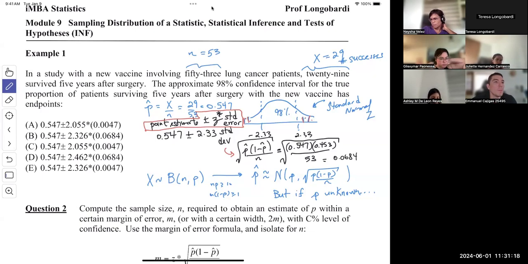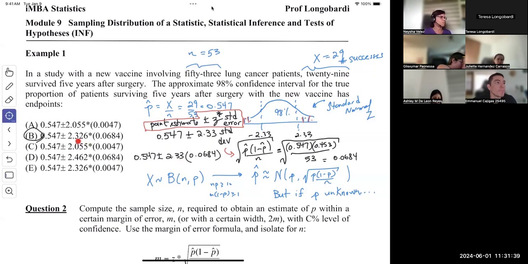So now you can see your answer should be 0.547 plus or minus 2.33 times 0.0684, and the star here is to multiply in the options. So the closest one would be B. But why do they have 4 decimal places? Our table only gives us 2 decimal places. So now I'm going to show you where this number comes from.